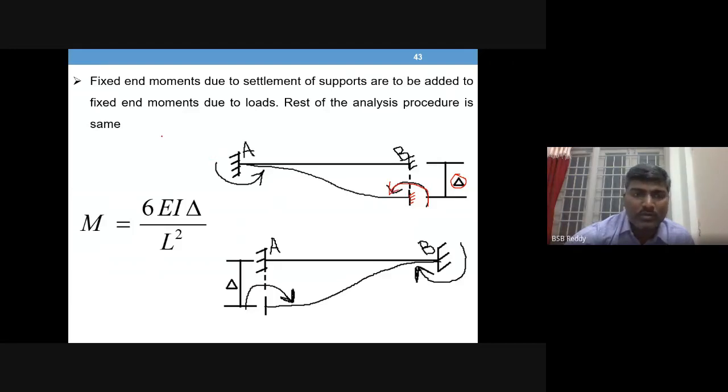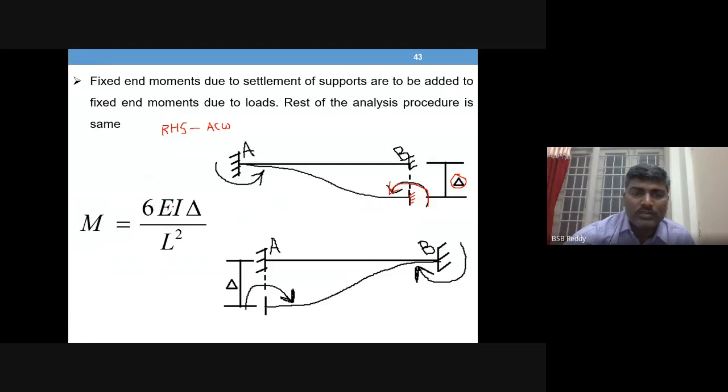So do remember, if the right hand side support sinks, then the moments developed at A and B will be in the anti-clockwise direction. And the value is 6 EI delta by L square.